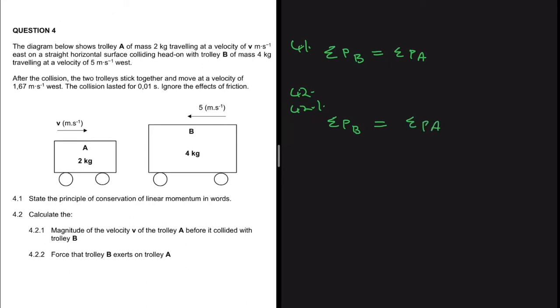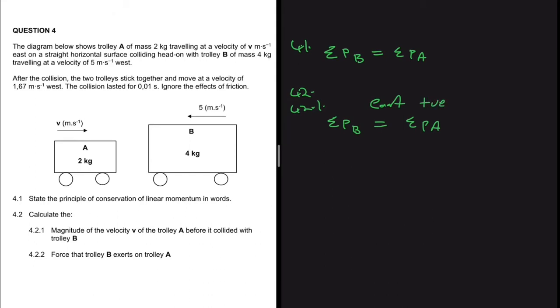Before the collision, we have the 2 kg trolley moving towards the east and the 4 kg trolley moving towards the west. So we can take one direction as positive. It only makes sense to take east as positive.